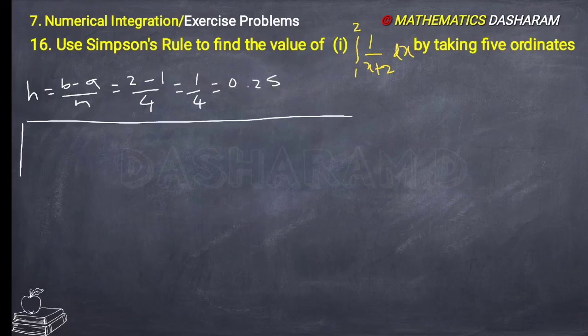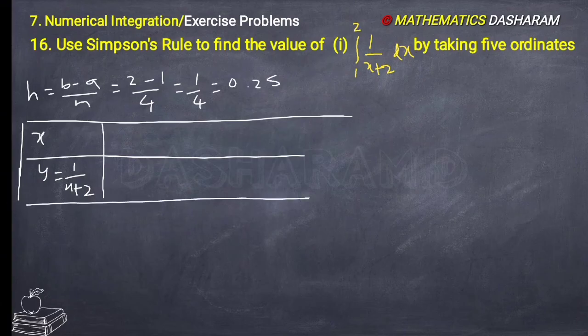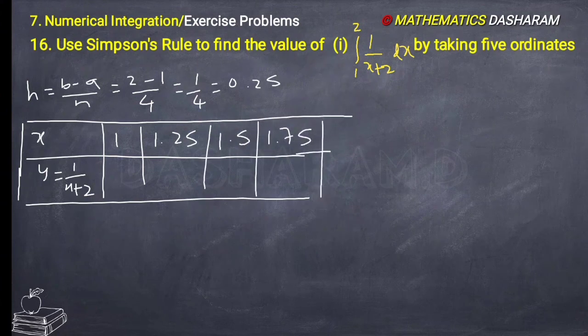Now let's draw a table of x and y equals the given function 1 by x plus 2. First x value is 1, next 1.25, 1.5, 1.75, next 2. Now let's find out the y values. When the x value is 1, then the y value is 0.333.